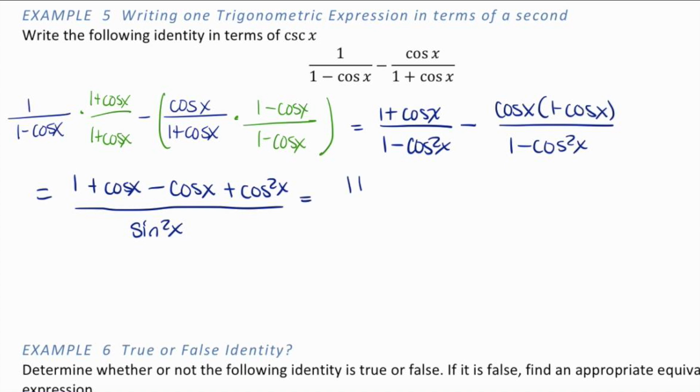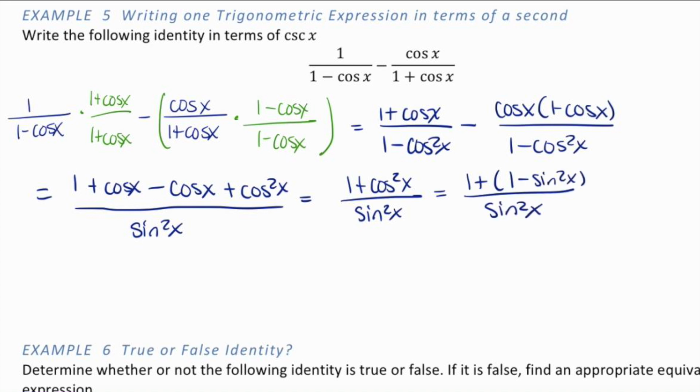So this becomes 1 plus cosine squared x divided by sine squared x. Of course, we can write cosine squared x again as 1 minus sine squared x. And this is just an application of the basic Pythagorean identity.